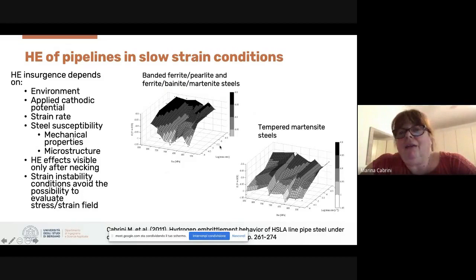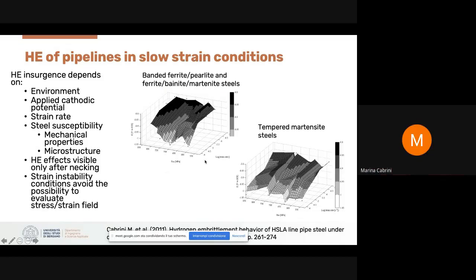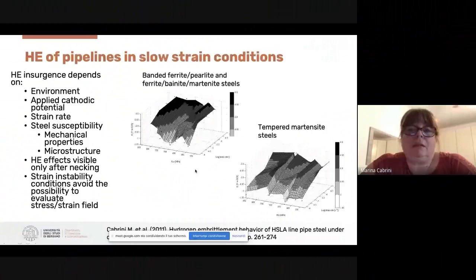At high strain rate, it was possible to observe a difference between the steels, and the tempered martensitic steel has a higher resistance, observed by the need for a very low critical potential to see some hydrogen embrittlement effect.